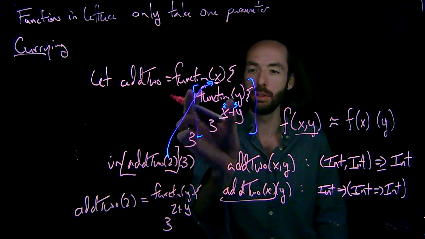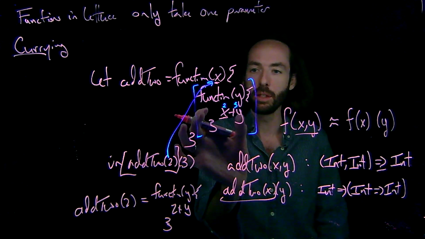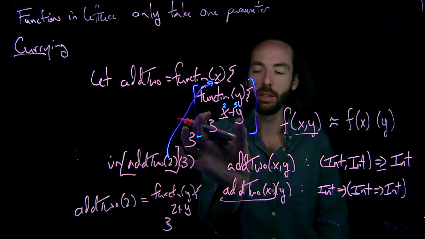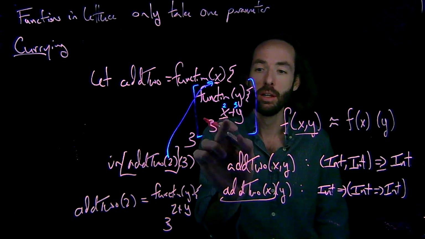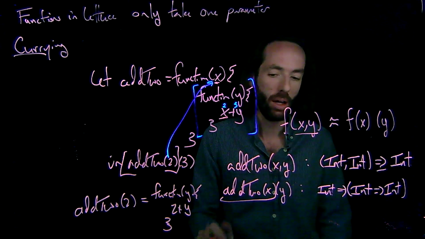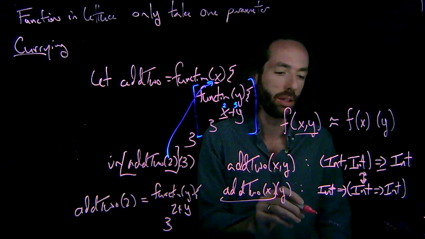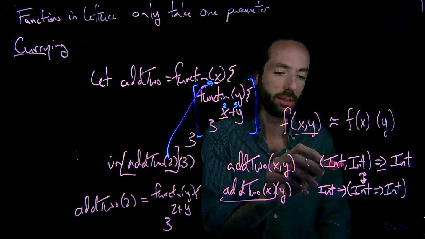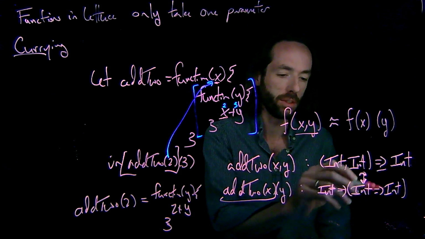If we think about what's going on here, once we plug the 2 in, we return whatever is in the body of this. The body of this is a function, so we're returning this function where we've bound 2 to x. And so this is the gist of what currying is. It takes ordered tuples and replaces them with nested sequences of functions.